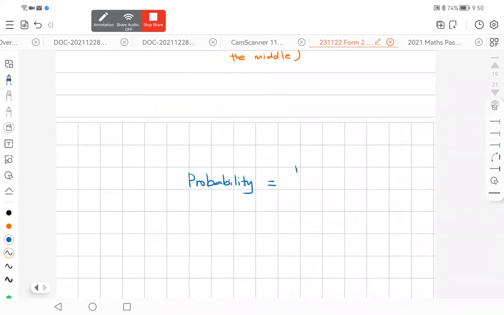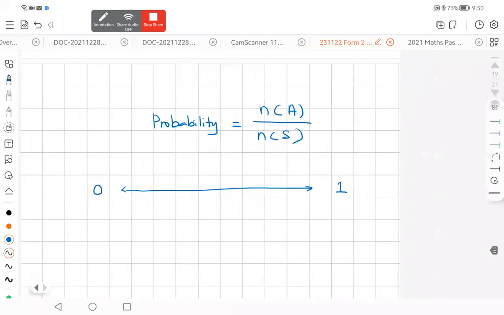And chapter 13, the easiest one, probability. Probability equals the number of events to happen over the total number in the sample space. And the value of the probability should be between 0 and 1 only. The largest value it can have is 1. 1 means for sure, certain, it must happen.